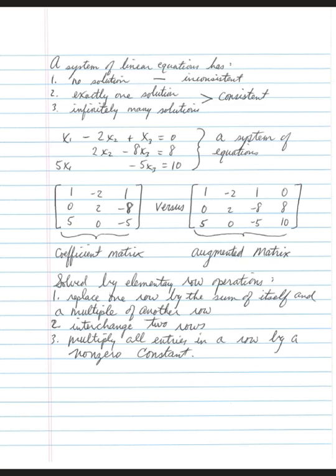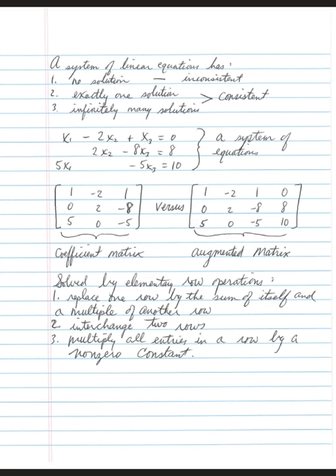For that particular system, if you were asked to write a coefficient matrix, you would only worry about the coefficients of the variables. The coefficients of x1 are 1, 0, and 5. The coefficients of x2 are negative 2, 2, and 0.